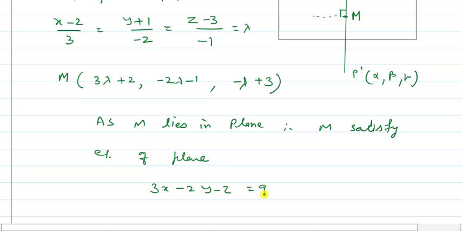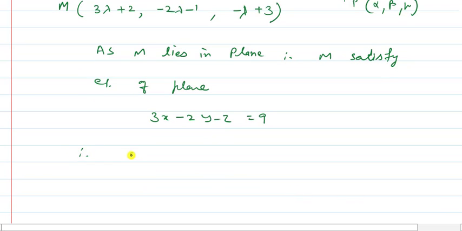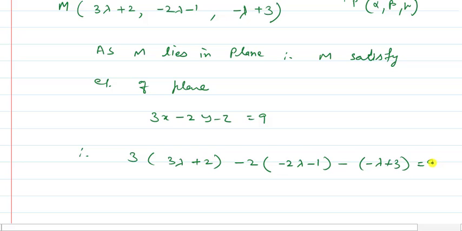This is the plane. So therefore we have 3 into 3 lambda plus 2, minus 2 into minus 2 lambda minus 1, minus lambda plus 3, is equal to 9. Now solving this, you can find the value of lambda as lambda is equal to 2 by 7.